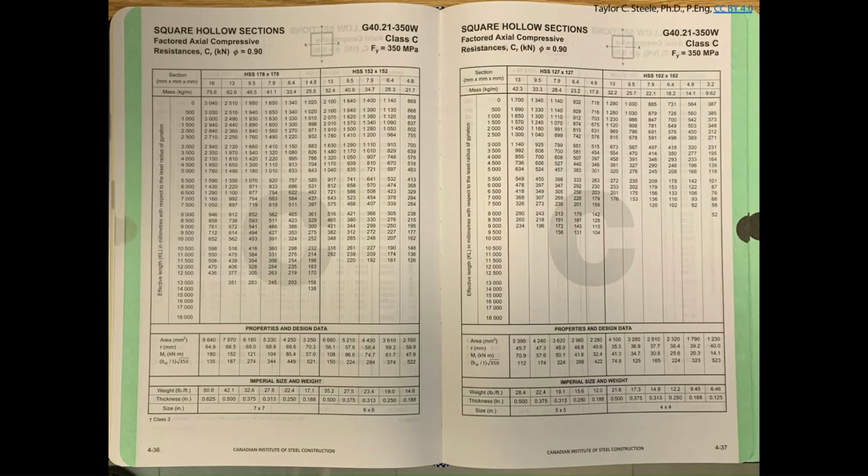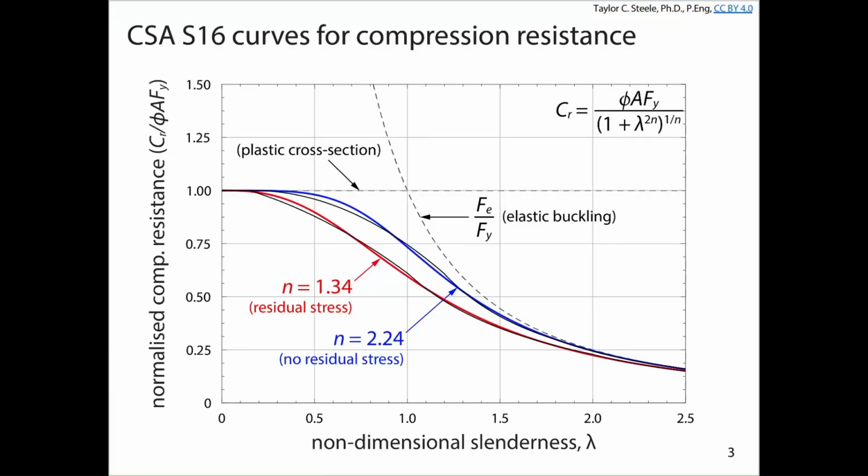Well, we'll perhaps remember that the compressive resistance depends on the value of N. Class C sections are cold formed, not stress relieved. They have significant stresses, and so we use an N value of 1.34. Class H are heat stress relieved, they're annealed, so the stresses go away.